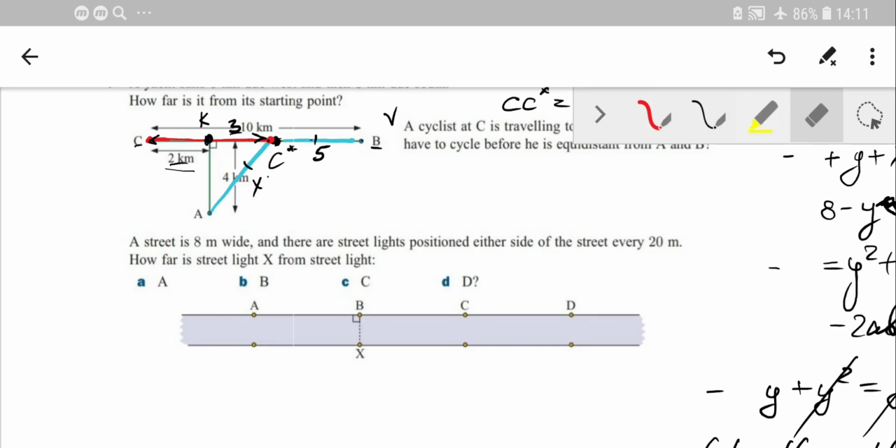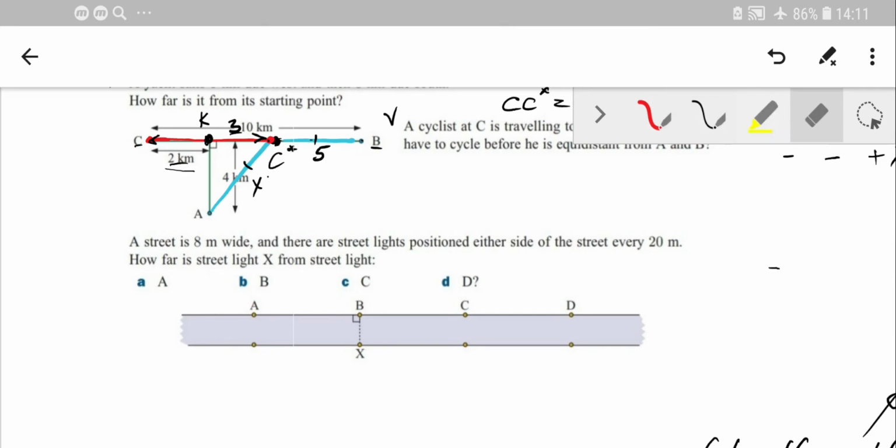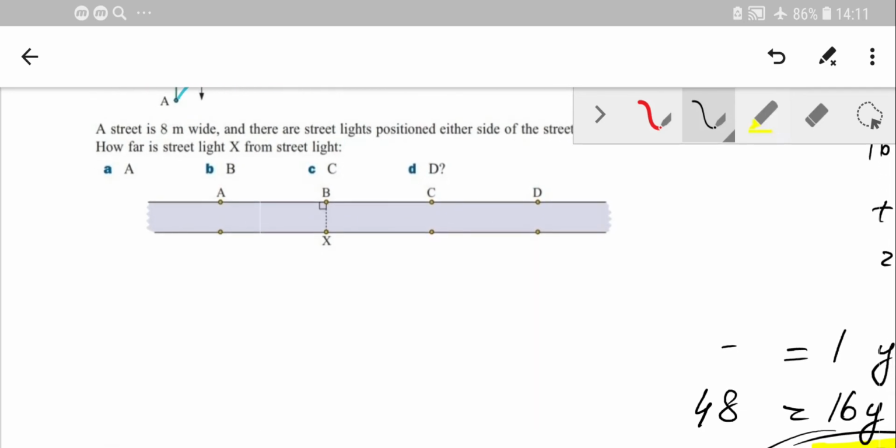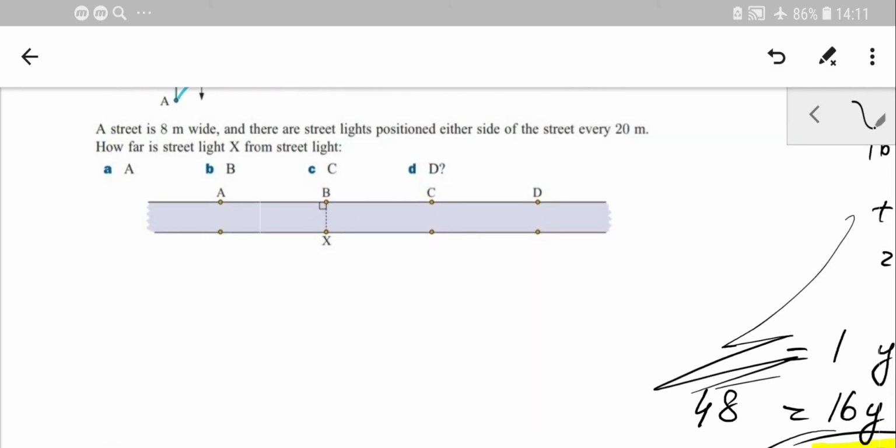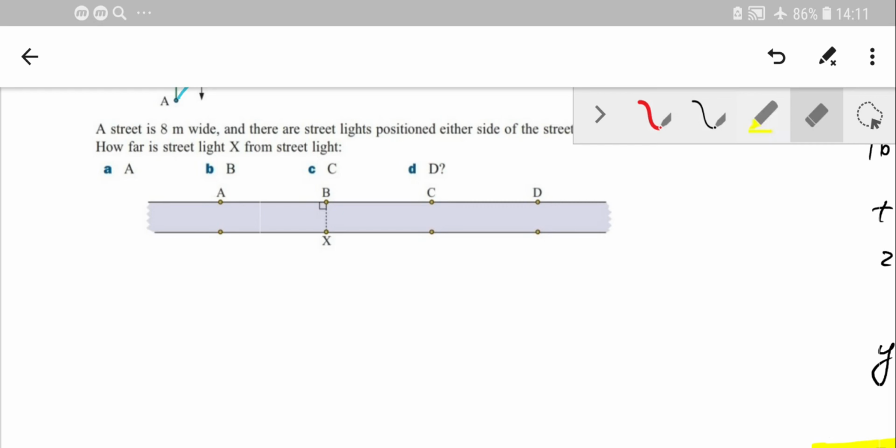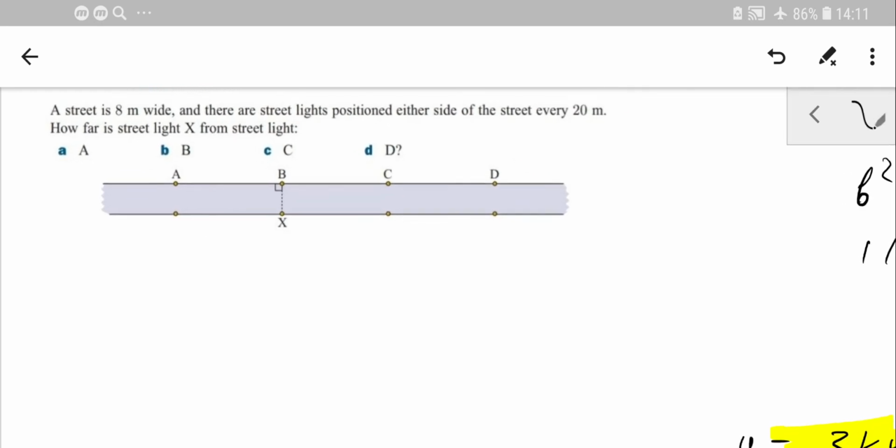And hence we will cover the whole Pythagoras, at least related to two-dimensional problems. Alright, so a street is 8 meters wide, and there are street lights positioned on either side of the street every 20 meters. Okay, so let's see.